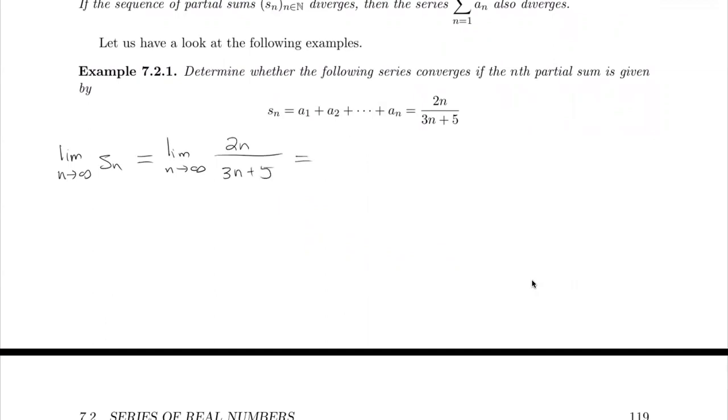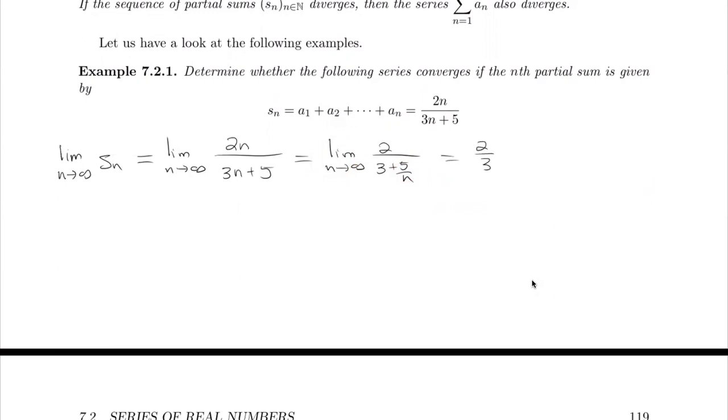And this is equal to the limit as n approaches infinity of 2 divided by 3 plus 5 divided by n, because it's almost like finding the horizontal asymptote here. And as n approaches infinity, this is going to go to 0. So what we're left with is just 2 over 3.